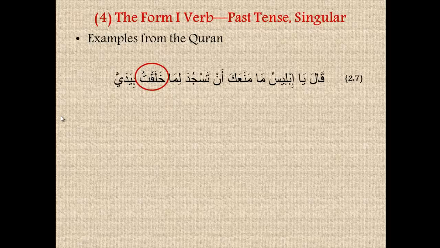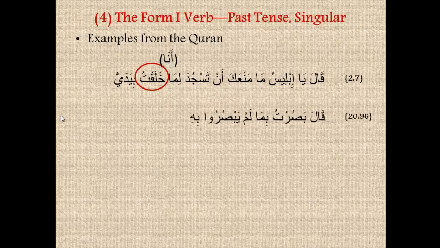This is referring to the pronoun ana. It's conjugated for ana, the pronoun I. And who is speaking? Allah is the one speaking. So Allah is saying to Iblis, what prevented you from prostrating to that which I created with my two hands? And this follows a pattern, fa'altu, and the basic verb is khalaqa, fa'ala khalaqa.